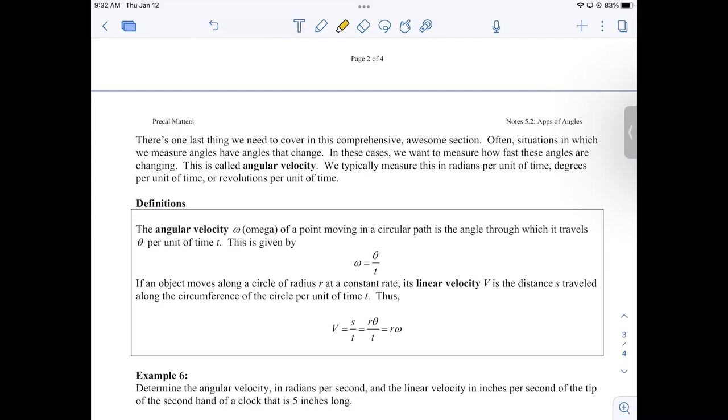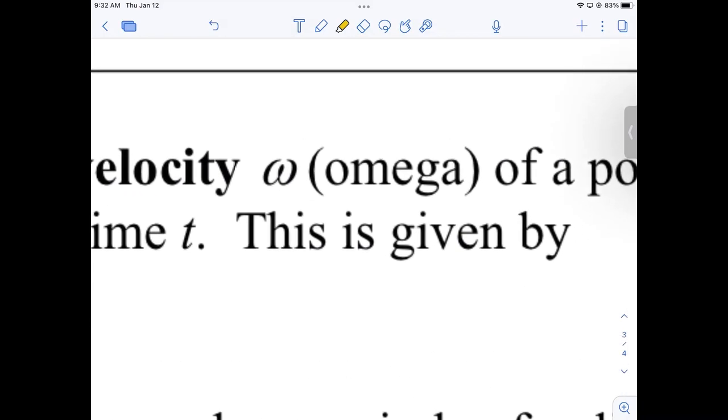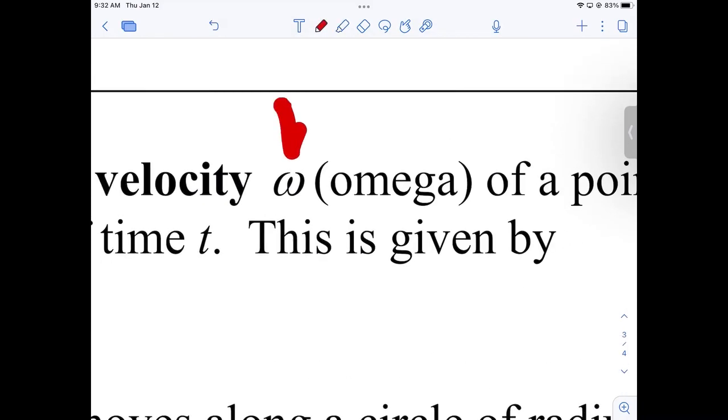Now, linear velocity would be distance over time. But we have this new thing called angular velocity, which is how fast the angle changes or how fast something is spinning. Okay? So let's go ahead and define it. The angular velocity, which we use omega for, it's not a W, it's omega.